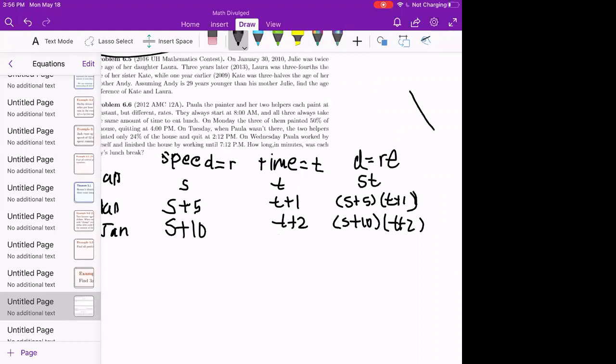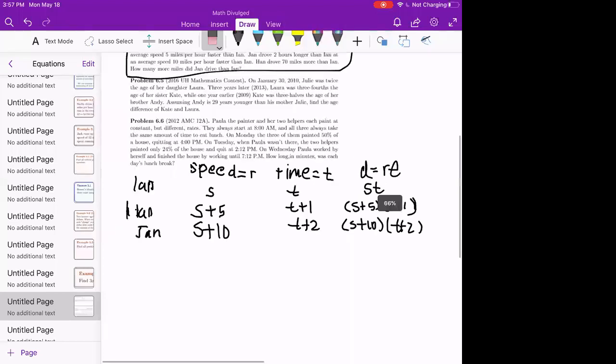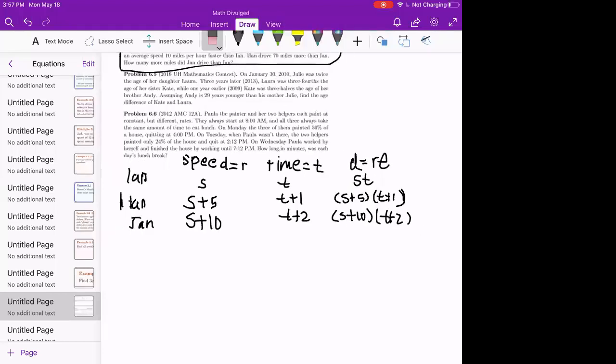So it then tells us that the difference in distance is that Han drives 70 miles more than Ian. So that means Han's distance, which is s plus 5 times t plus 1, and then we subtract Ian's distance, which is st, is equal to 70.